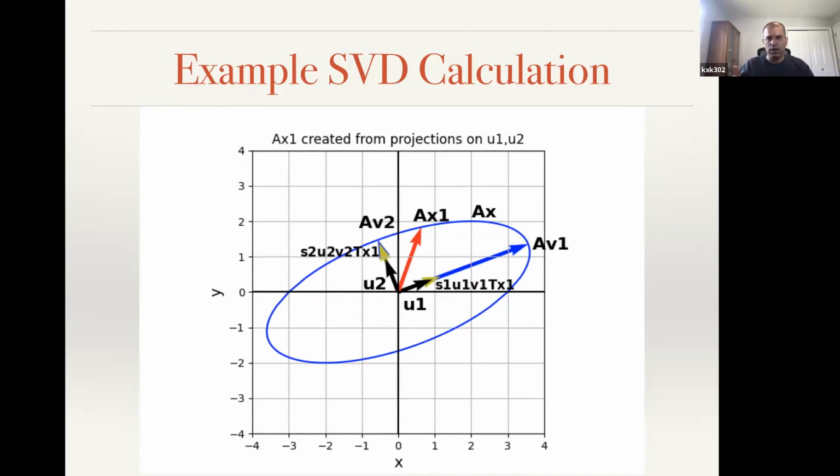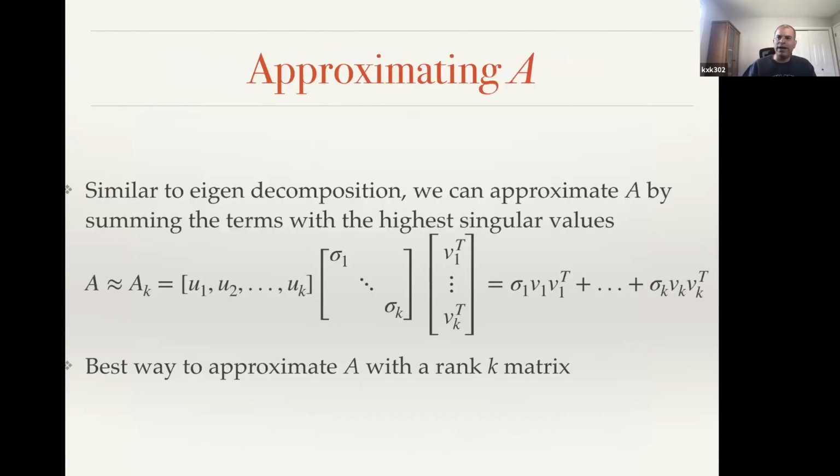Both of them, I gave you a 2x2 example. So similar to eigendecomposition, we can also approximate matrix A by taking into account only the top K singular values. Again, the formula is simplified. You only care about the top K singular values, so you can ignore some of the columns in U and some of the rows in V on the right and left, and you get an approximation.